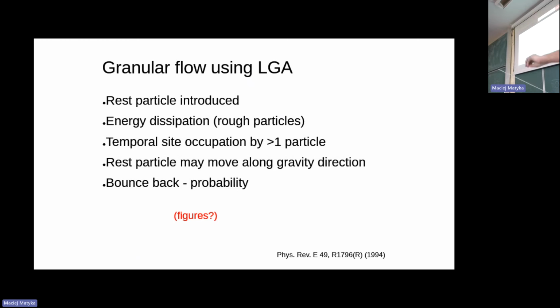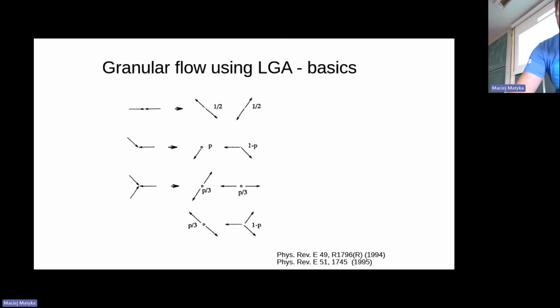So particles can dissipate energy, so the energy is no longer conserved. There is temporal site occupation by more than one particle, so particles can group together, and the particle may move along a direction. There is some bonus. I don't have figures. Physical Review 94, and maybe I have the paper here.